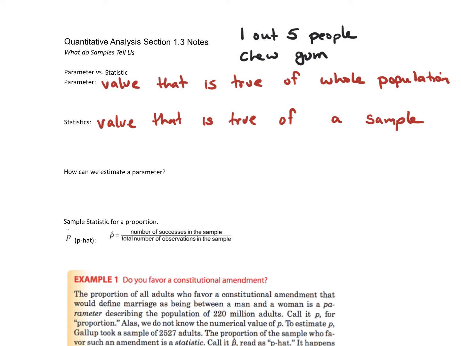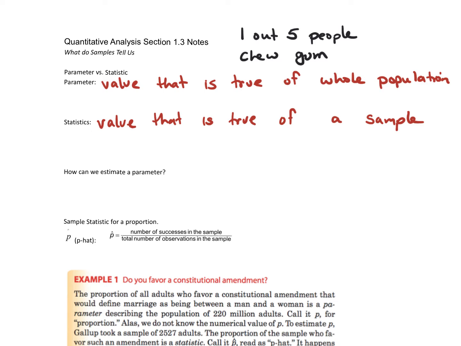So when I say 1 out of 5 people chew gum, does it mean that I surveyed 5 people and one of them chewed gum? Or if I survey everyone in the population, say it's everyone in America, on average, do 1 out of 5 of them chew gum?